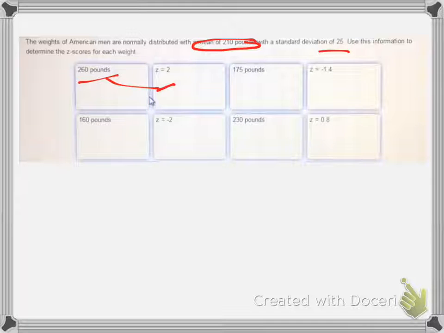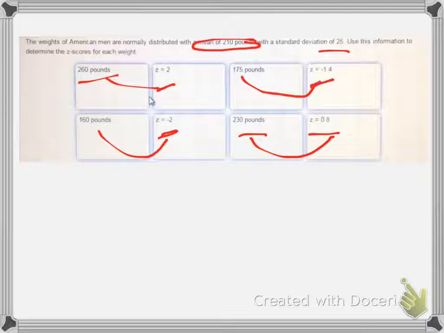So clearly these go together. 230 is also larger than the average, so this other value that's positive would go with it. The two negative z-scores are going to go with values that are below your mean. So 160 being the lowest has the smallest z-score. 175 does not.